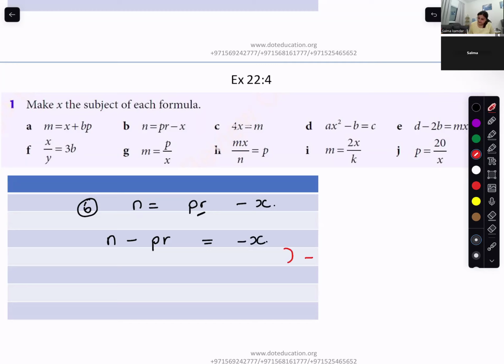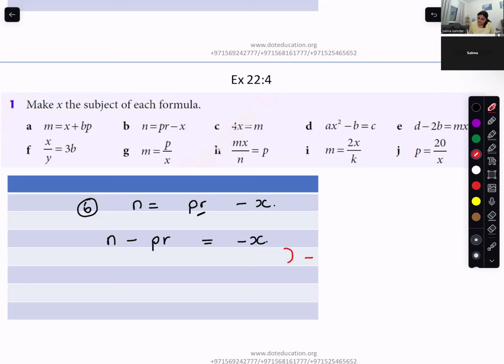Express this in terms of r. It means that I want r to be the subject. If I want r to be the subject, r has to be left alone. If r has to be left alone, this 100 I will multiply on both the sides. So it will be PRT.